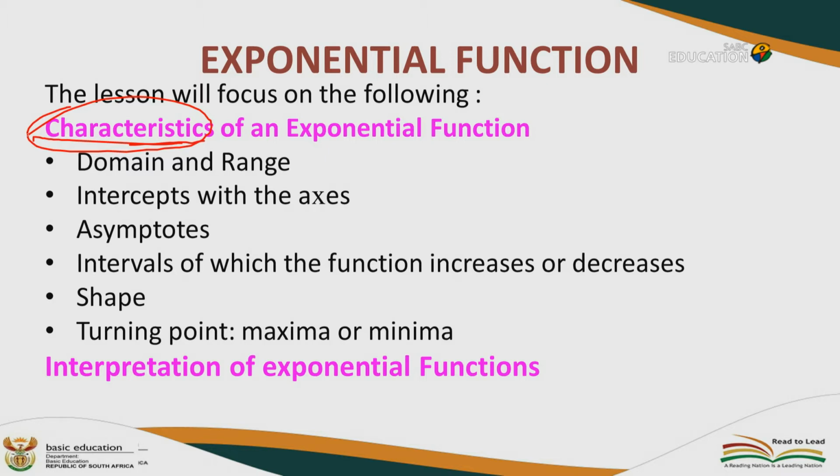When you're talking about turning point, we'll be looking at the maxima or the minima, and the interpretation of an exponential function. So when dealing with the two cases that I've just mentioned, we'll be looking at the characteristics.